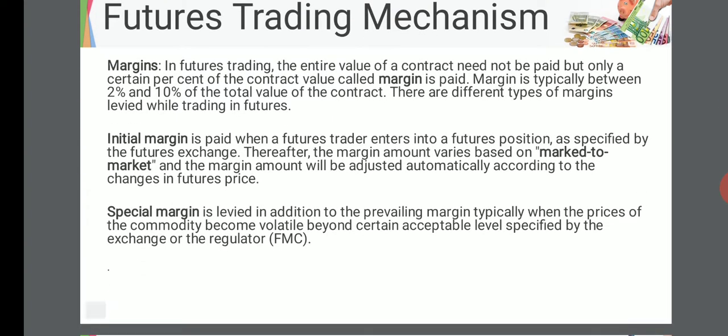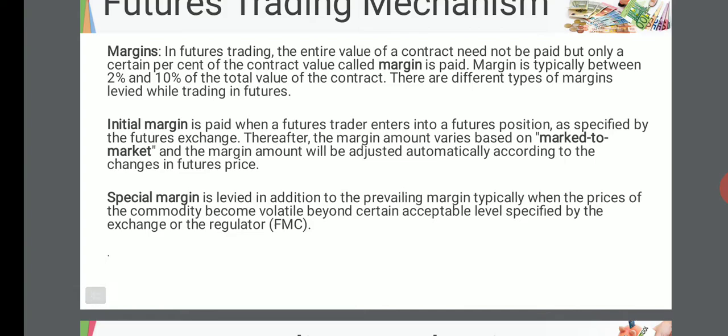Margins. In futures trading, the entire value of the contract need not be paid, but only a certain percentage of the contract value, called margin. Margins are typically between 2% and 10% of the total value of the contract. There are different types of margin levied while trading in futures. Initial margin is paid when the futures trader enters into a futures position, as specified by the futures exchange.